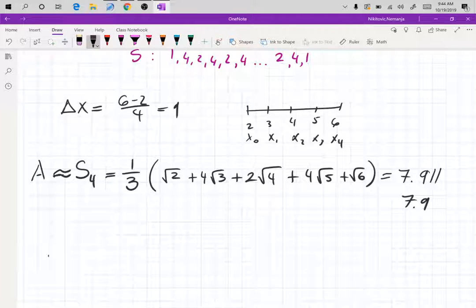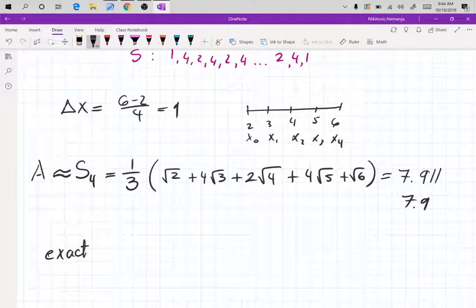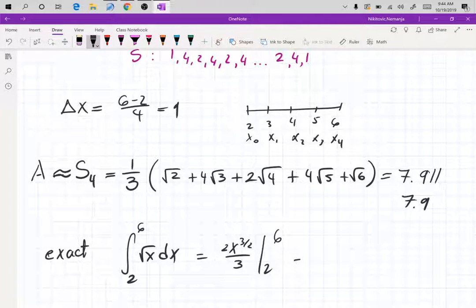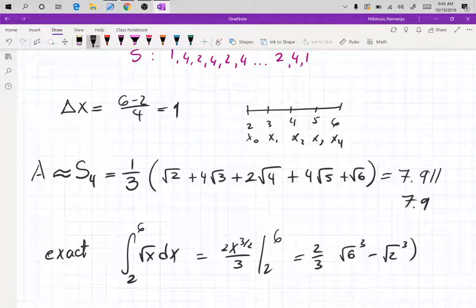So for our problem, the exact answer here was the integral of square root of x dx from 2 to 6, right? And it will actually give you the roots in the answer. So you will have x to the 3 halves divided by 3 halves computed from 2 to 6, which is 2/3 of square root of 6 cubed minus square root of 2 cubed.